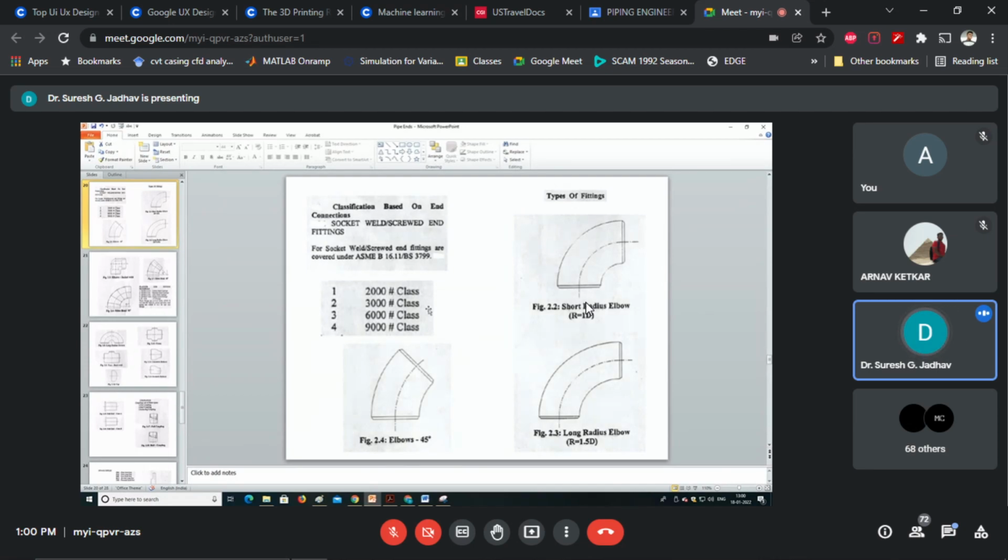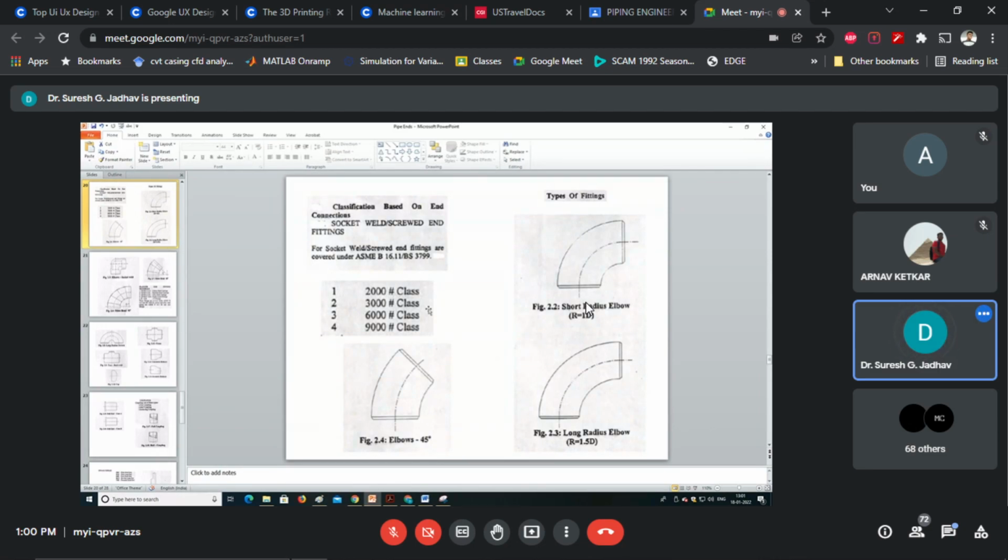So based on that, we can consider the corresponding pipe thickness for this class: socket weld fitting is schedule 160 and screw fitting with double XS pipes.